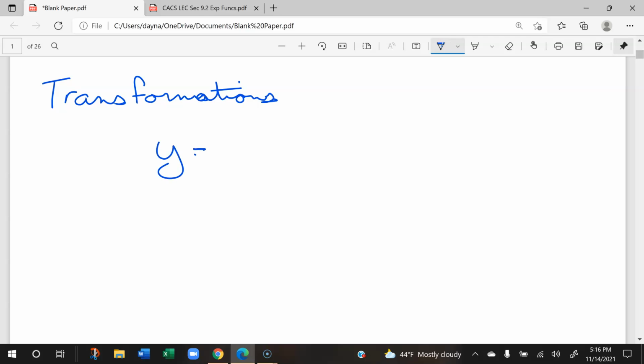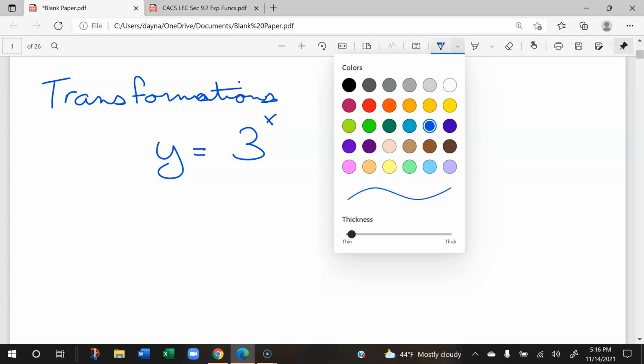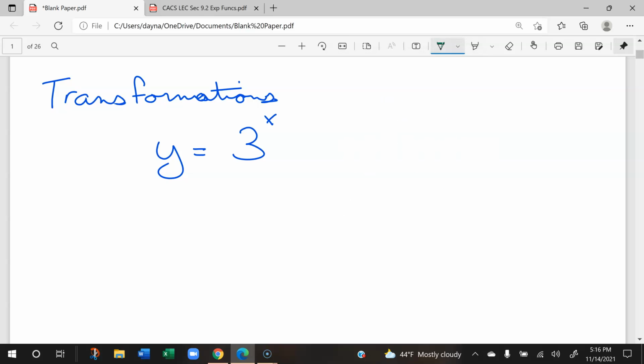Whenever I have 3 raised to the x power, if something is added or subtracted up here in the exponent, this is going to move me horizontally.